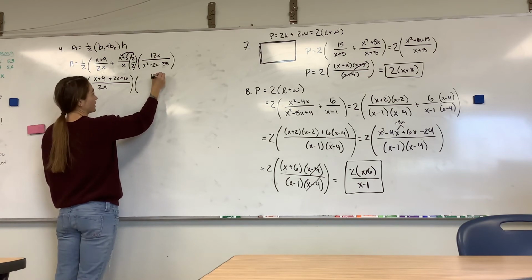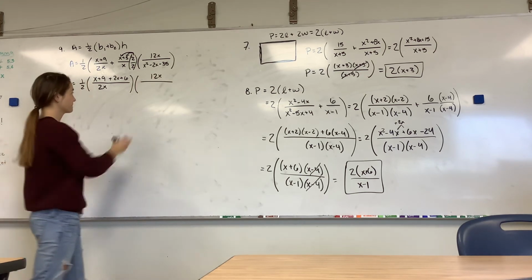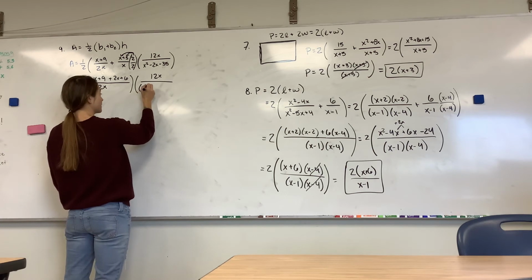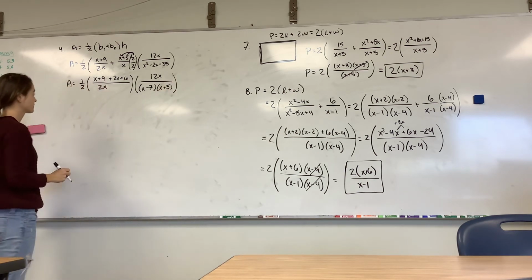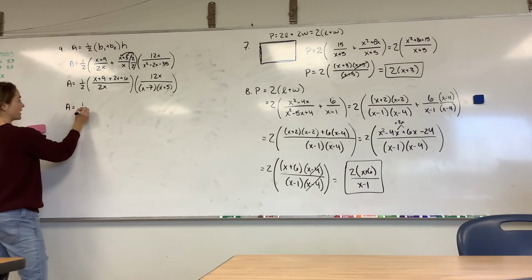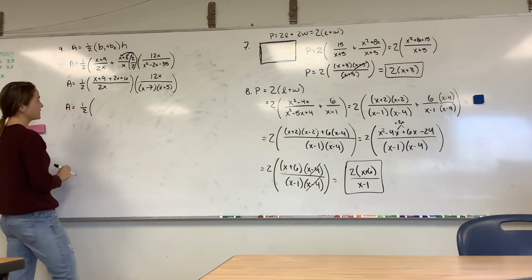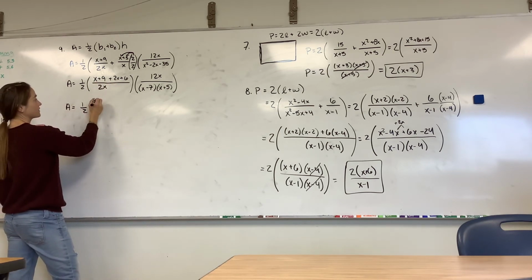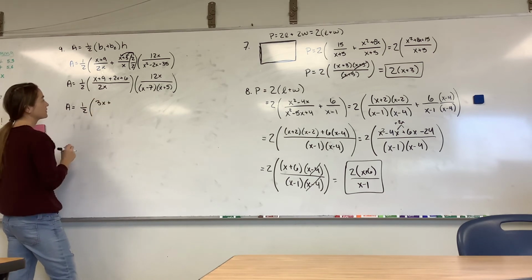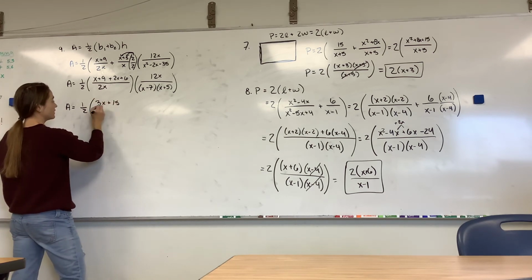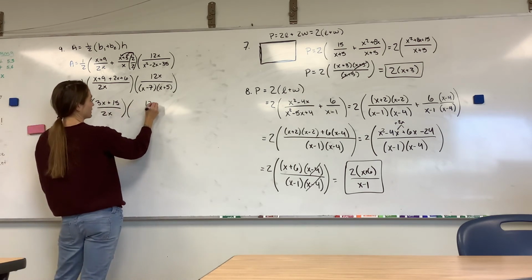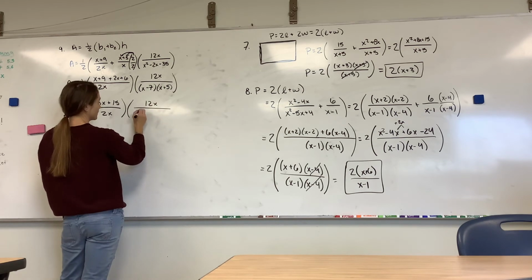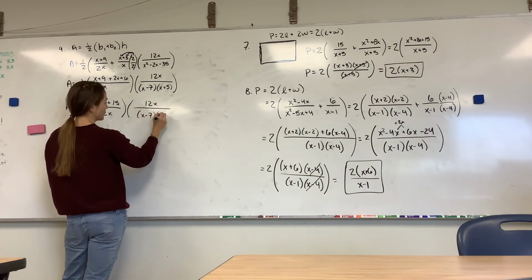Times a 12x, and let's go ahead and factor this bottom. We get an x minus 7 and an x plus 5. Area equals 1/2. Combining like terms up here, I get a 3x plus 15 all over 2x times 12x over x minus 7, x plus 5.